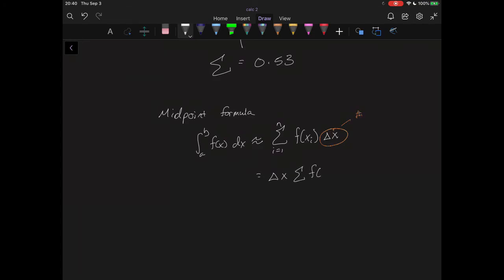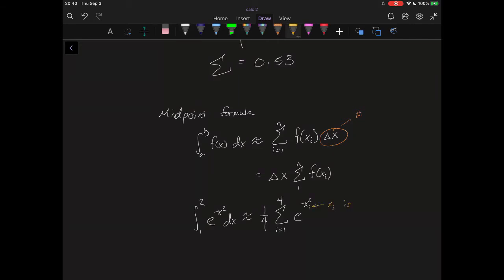I can just write this as delta x times the sum of f of x sub i from 1 to n. So for us, the integral from 1 to 2 of e to the negative x squared dx is approximately equal to our delta x times the sum of e to the negative x sub i squared, as i ranges from 1 to 4.